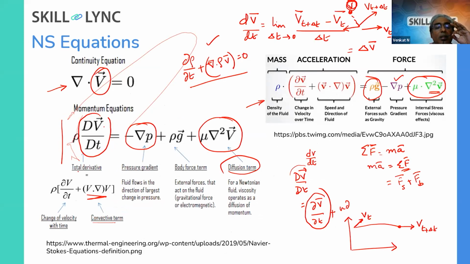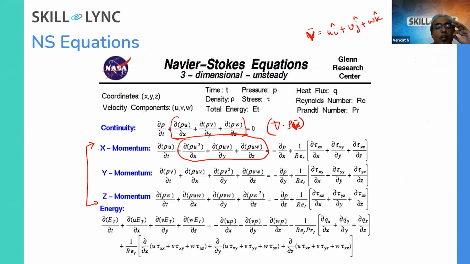Now, when you start writing component wise, they open up into three components. Why? Because when you're talking about momentum, momentum is a vector. For continuity, we are dealing with mass, it's a scalar, so one equation for continuity. Similarly, energy is again a scalar quantity, just one equation.